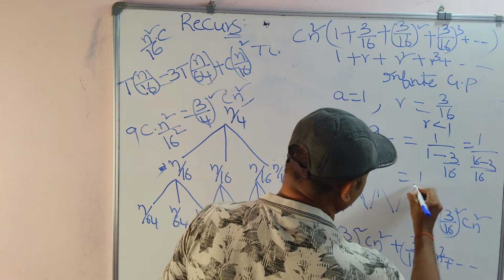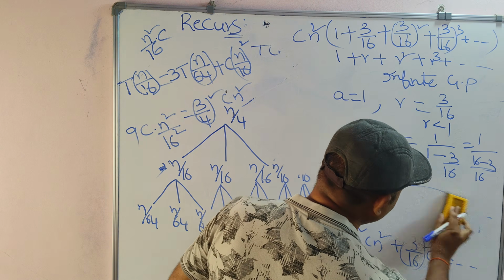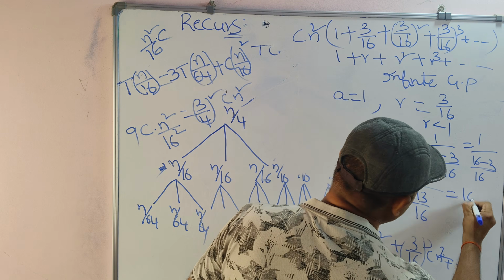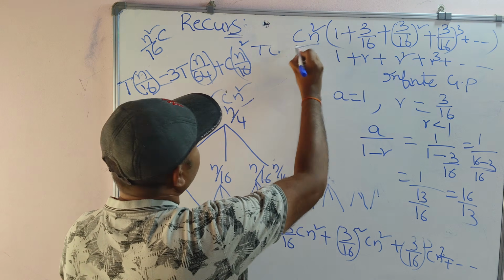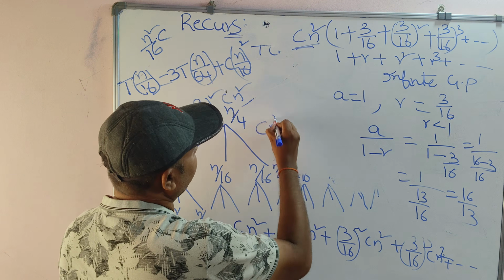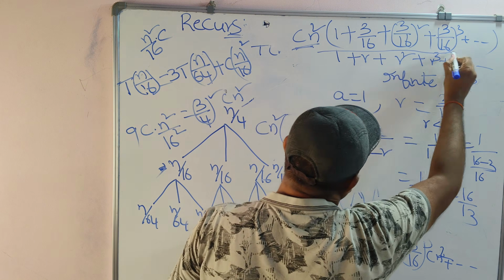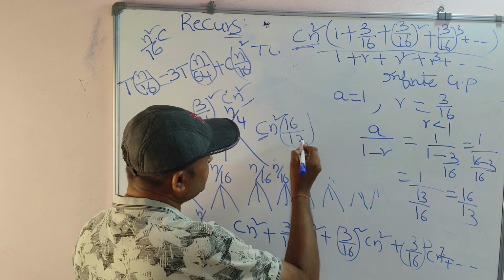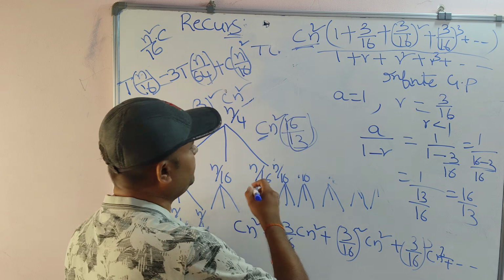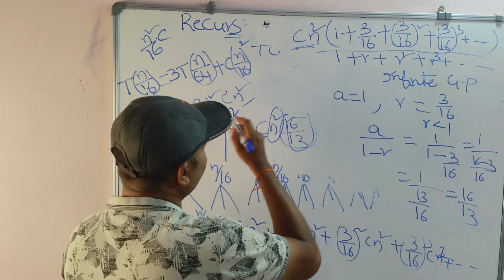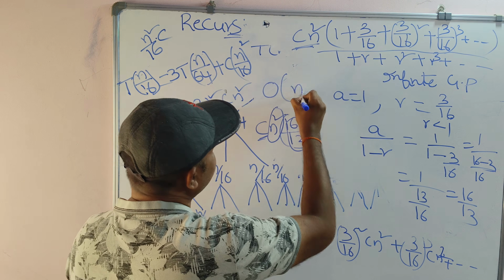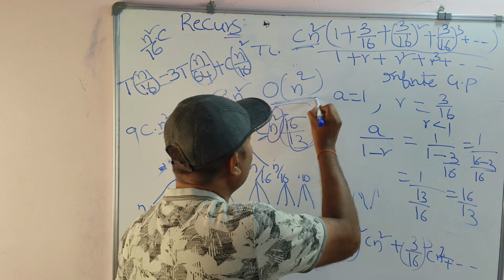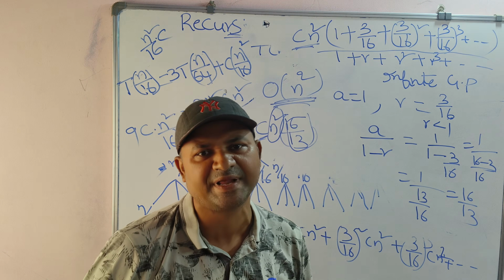So 1 by 13/16 we can write as 16/13. So here we have cn² into 16/13. C is a constant part and 16/13 is a constant part. So the time complexity is order of n². If we solve that recurrence relation, we get O(n²) as the time complexity.